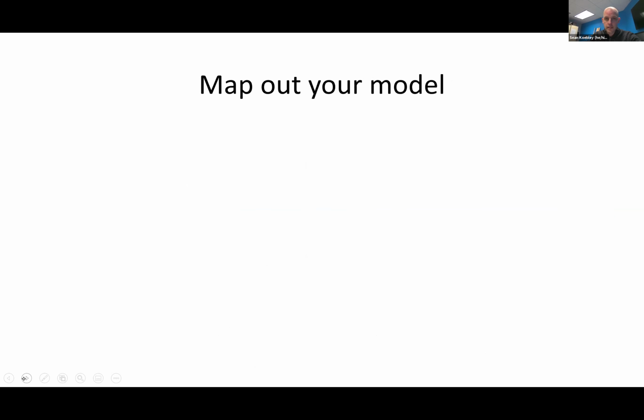So what we're going to do, maybe if you've got another piece of paper, I'm going to show you a really important step, which is mapping out your model. And here's how we're going to do it. We're going to start at the bottom of your paper, with your data, y1 and y2.